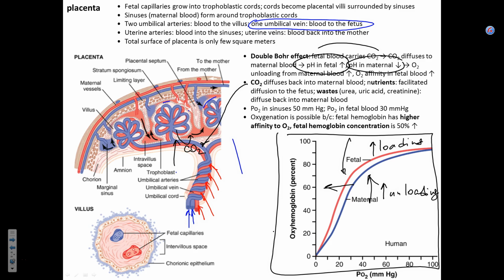On top of that, fetal hemoglobin has higher affinity to oxygen. Does that make sense? Altogether, it makes sure that the concentration of oxygen and hemoglobin is higher in the fetus. Okay, that everything is saturated as much as it can be. You clear? That's really important.